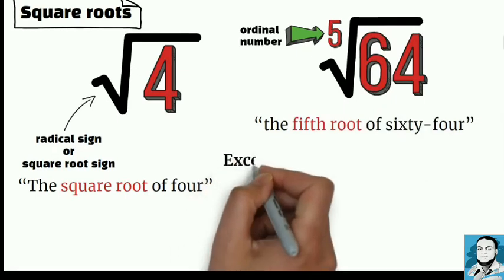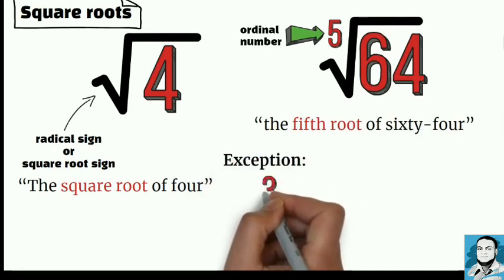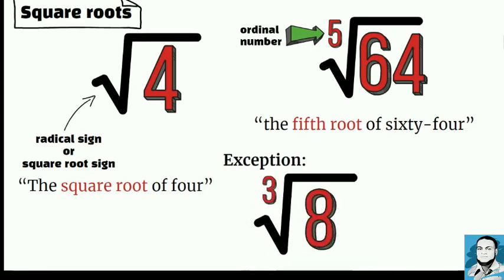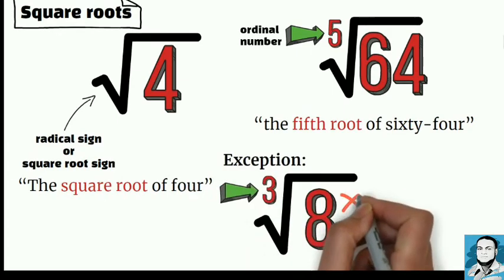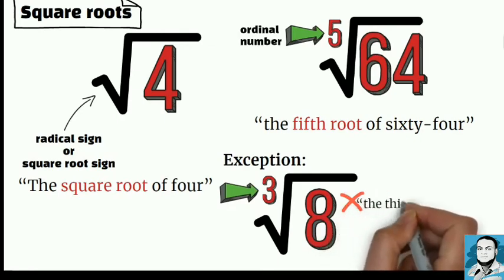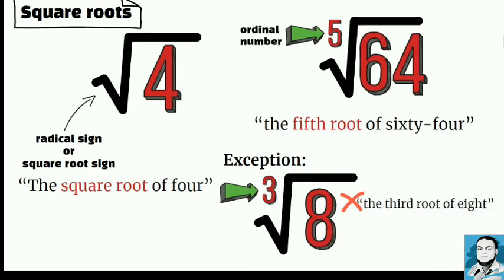However, there is an exception. If the number above the radical sign is 3, then we do not say the 3rd root of 8, but rather the cube root of 8.